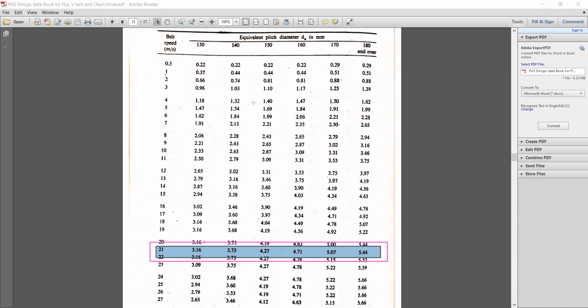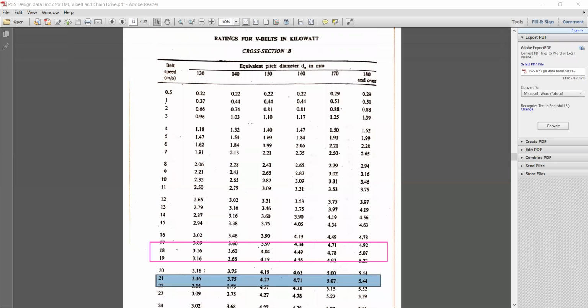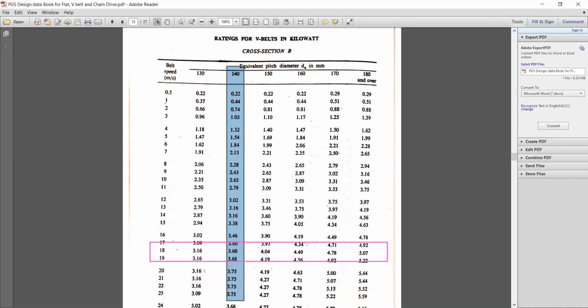Then now we have to select a particular equivalent diameter. So our diameter is 140, so 140 over here. Sorry, I will draw it so you can understand better.